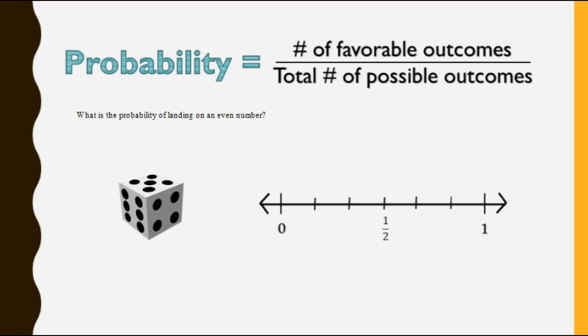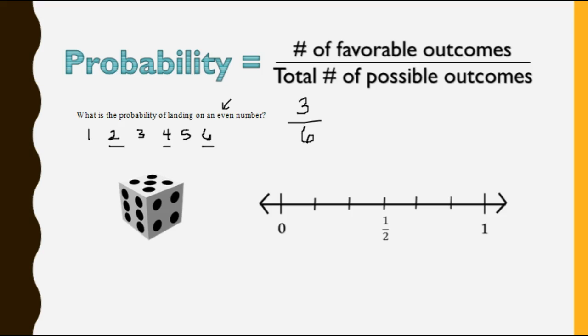So we have a 2, a 4, or a 6. There's 3 of those, right? So it could land on a 1, a 2, a 3, a 4, a 5, or a 6. But these are even, so the number of favorable outcomes is actually 3, because it could be a 2, a 4, or a 6 and still be the favorable outcome of being an even number. So I would have 3 for the favorable outcome, and the total number of possible outcomes is the same. There's still only 6 numbers on the die.